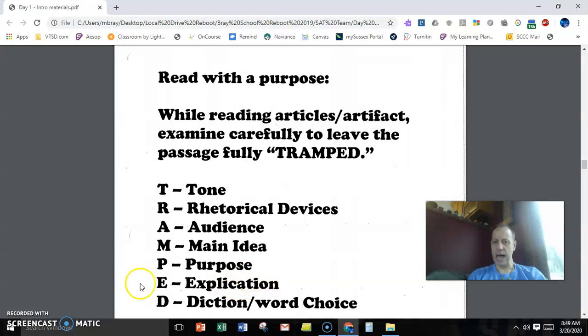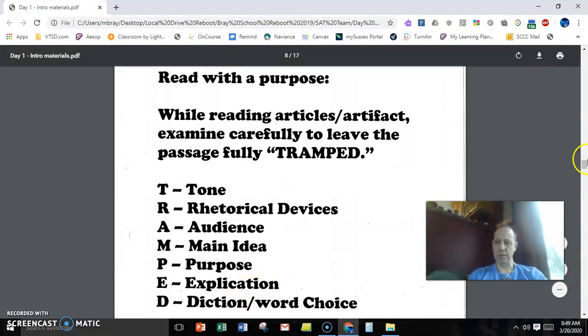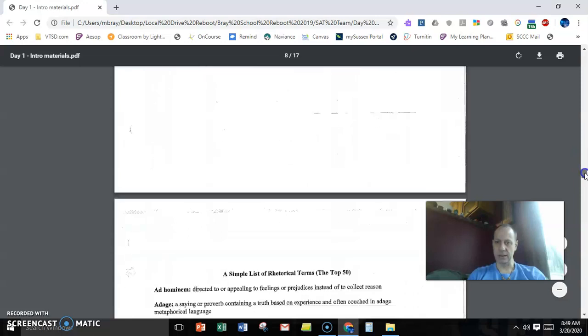And if we can do that at the end, after we've kind of determined audience, main idea, purpose, and then we've identified the tone, we've identified any rhetorical devices and interesting diction or word choices that play into the tone, then we can ask ourselves, well, yes, the author's done all this stuff, but has he or she achieved the purpose that he or she set out to do?